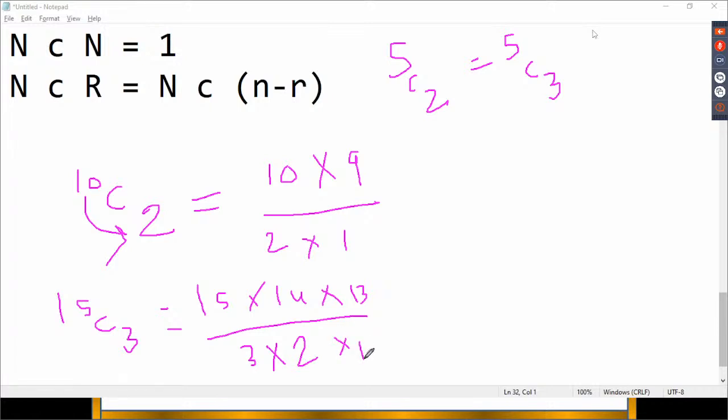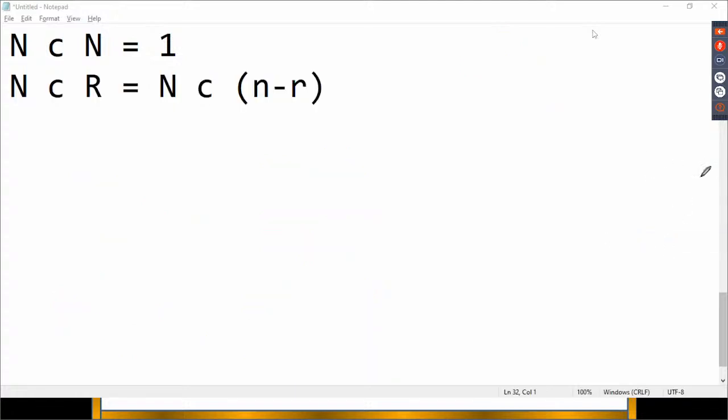Don't go for 15 factorial by 15 minus 3, 12 factorial into 3 factorial. Clear? So write down the examples.